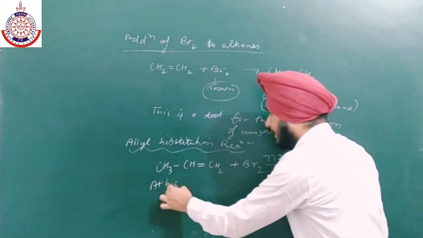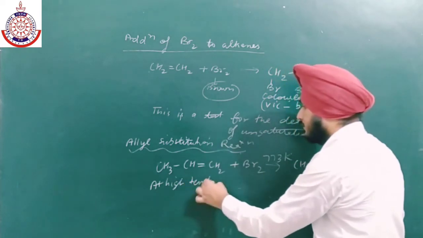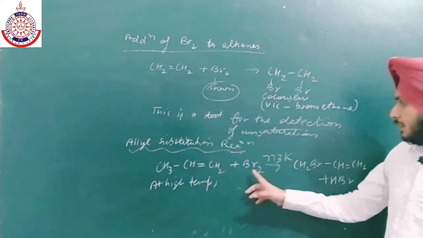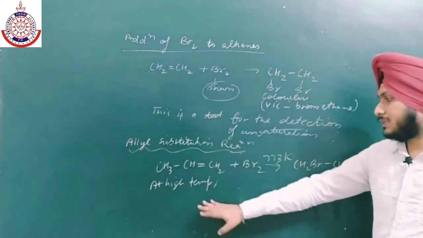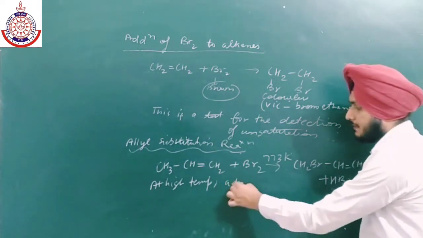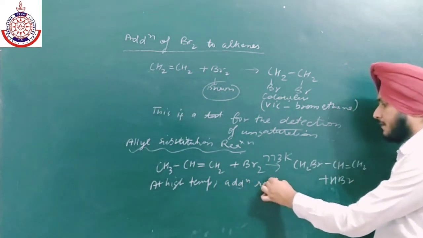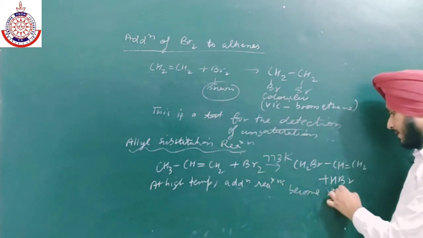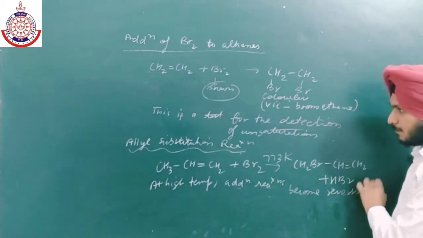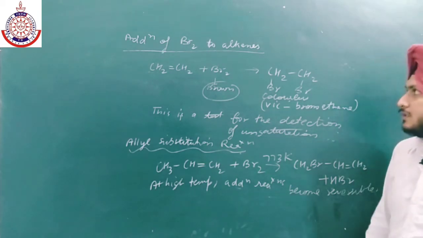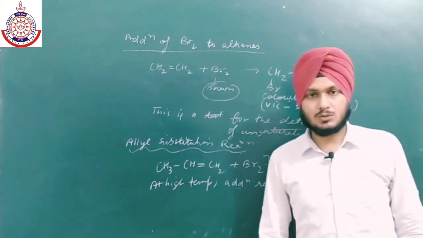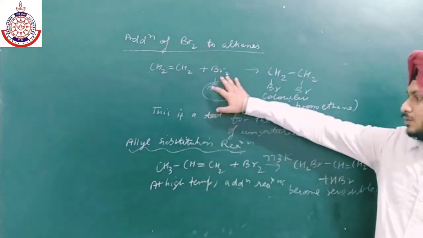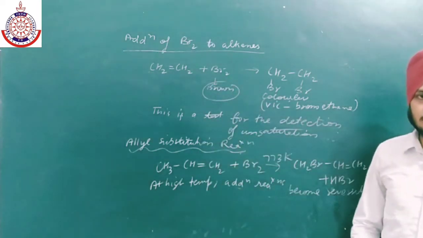Why is Br2 not adding over here? Because at high temperature, addition reactions become reversible. Okay, so these are the two cases in which Br2 is added to unsaturated compound.